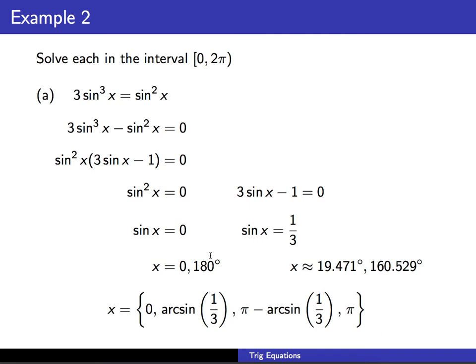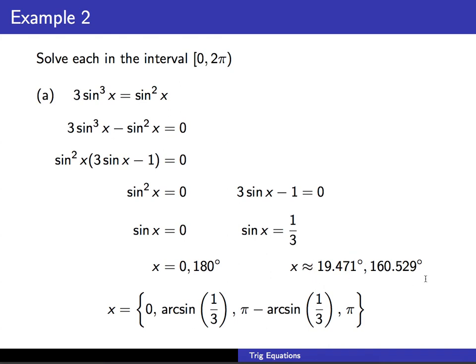So 0 and 180 are 0 and pi, respectively. 19.471 here is what we got when we took the inverse sine of 1/3. So this 19.471 degrees as an exact angle is the inverse sine of 1/3, or again, we can still use arc sine 1/3. This 160.529 degrees is taking 180 degrees and subtracting this 19.471 degrees from it.